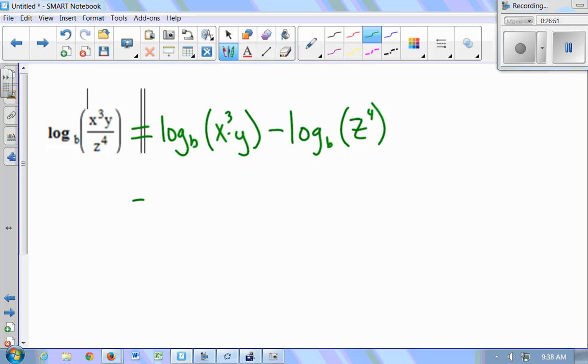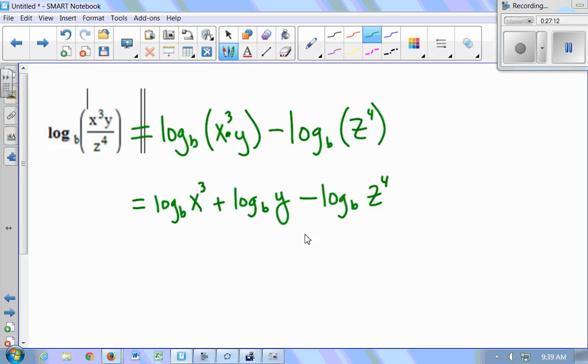All right, so because this is multiplication, I can rewrite this as two logs using addition. So this is going to be log base b of x cubed plus log base b of y, and I still have minus log base b of z to the fourth.